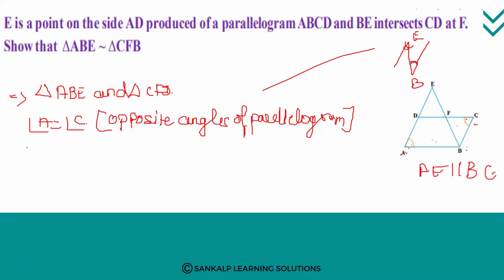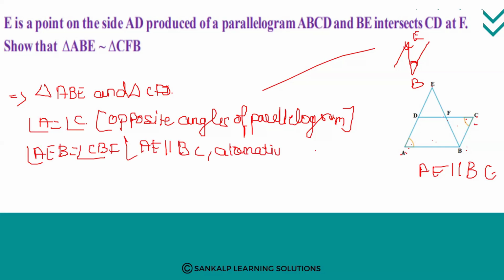Angle AEB is equal to angle CBF because AE is parallel to BC. Alternate angles. Okay. Now, here how many angles are equal? Two angles are equal.